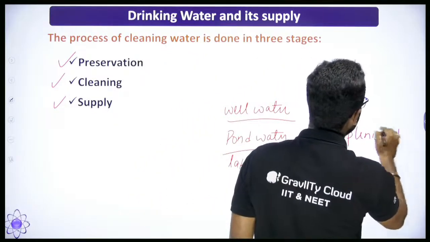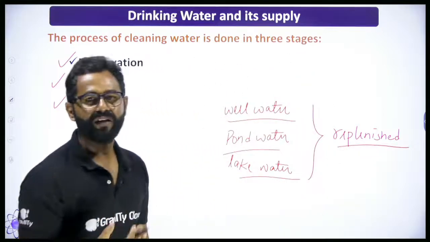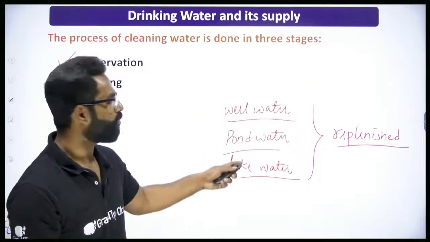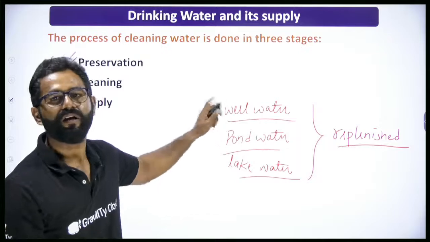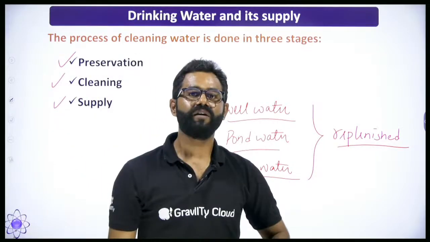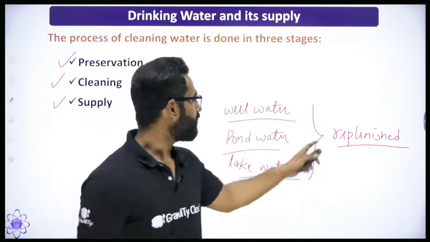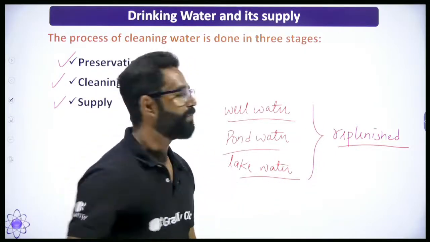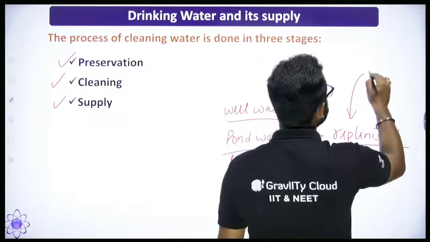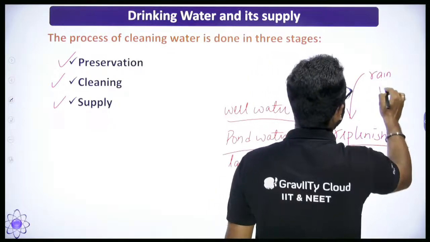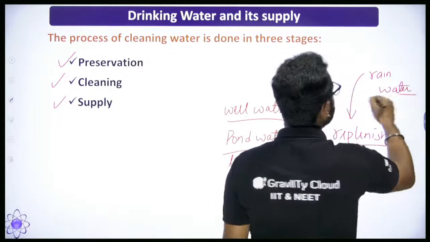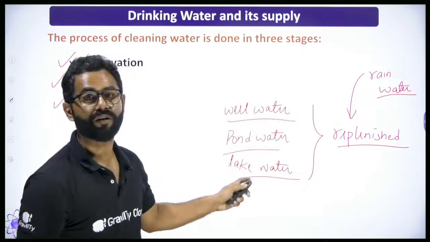In these resources, if every year, if every day you keep on using the water from a lake, pond or well, the water will go down. The level of water will decrease, right? But then how does that water get replenished? It is because of the rain. The replenishment of these water resources occurs because of rainwater, right?